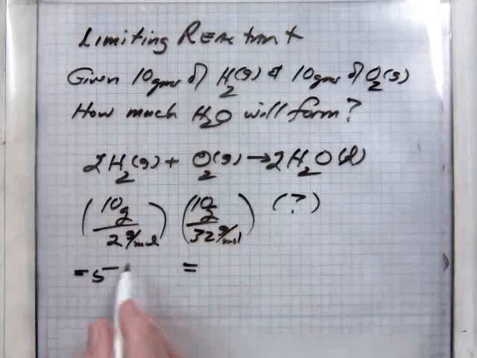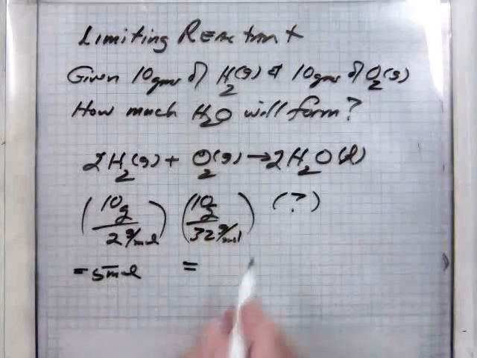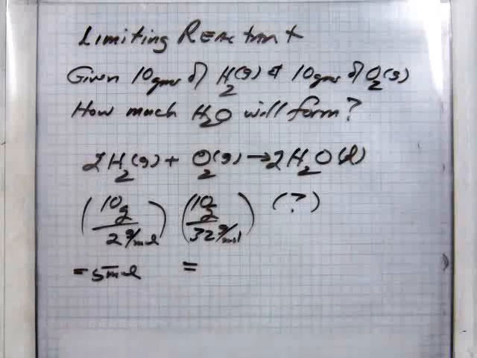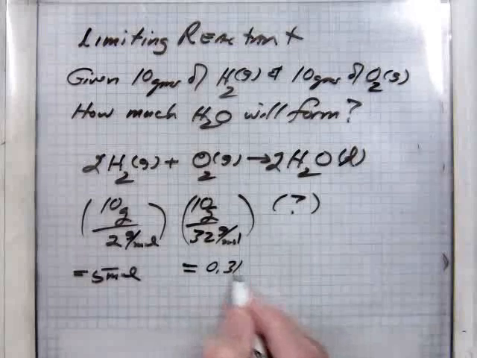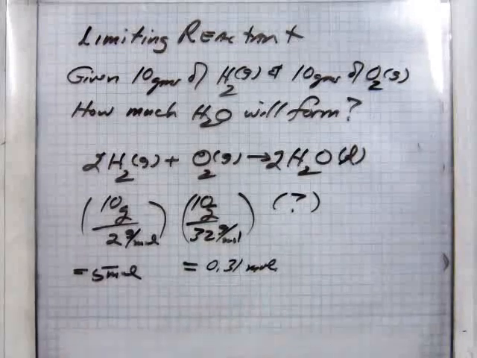And so that gives you 5 moles here, and 10 over 32 is 0.31 mole.